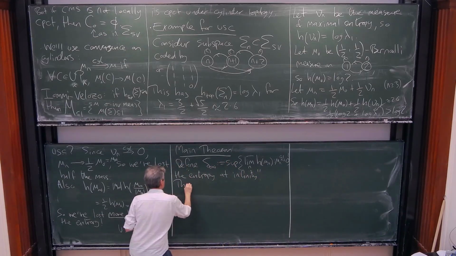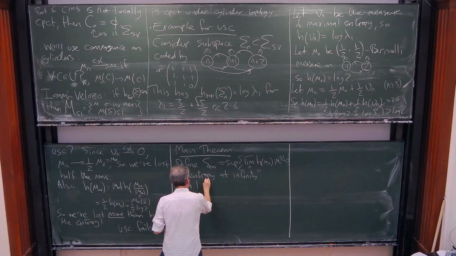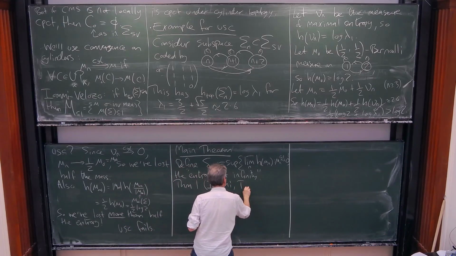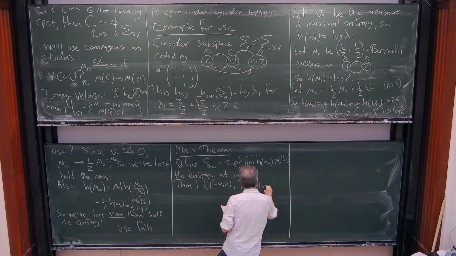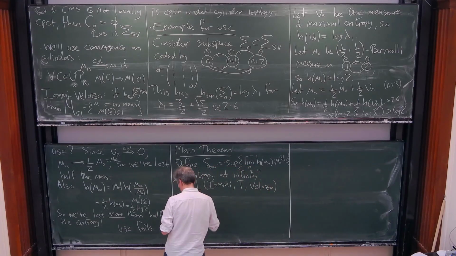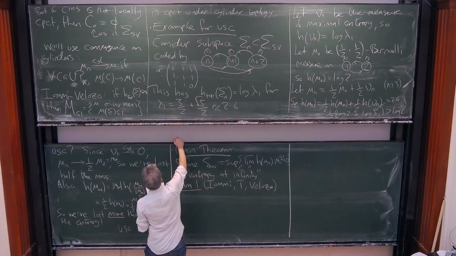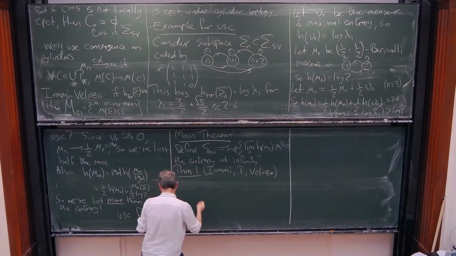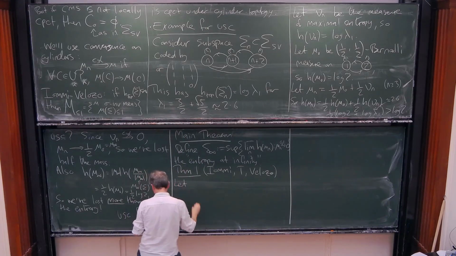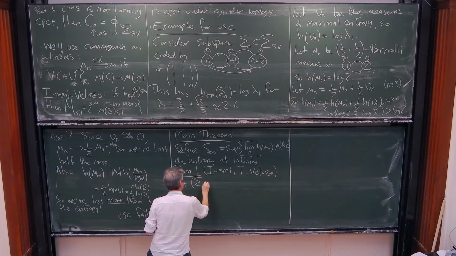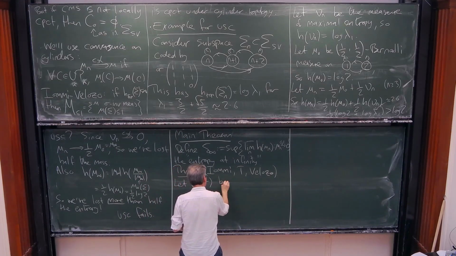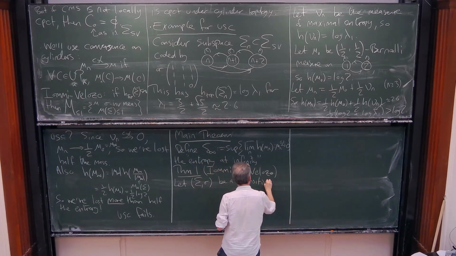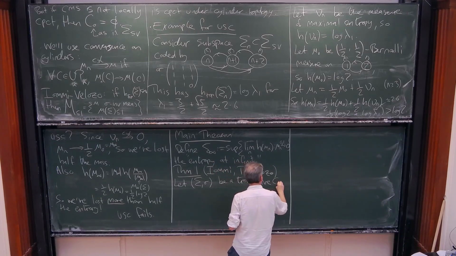So that allowed me to say the first theorem. It applies to this example, but it applies more generally. So let me just put some slightly more general statement. So let sigma be a transitive countable Markov shift.